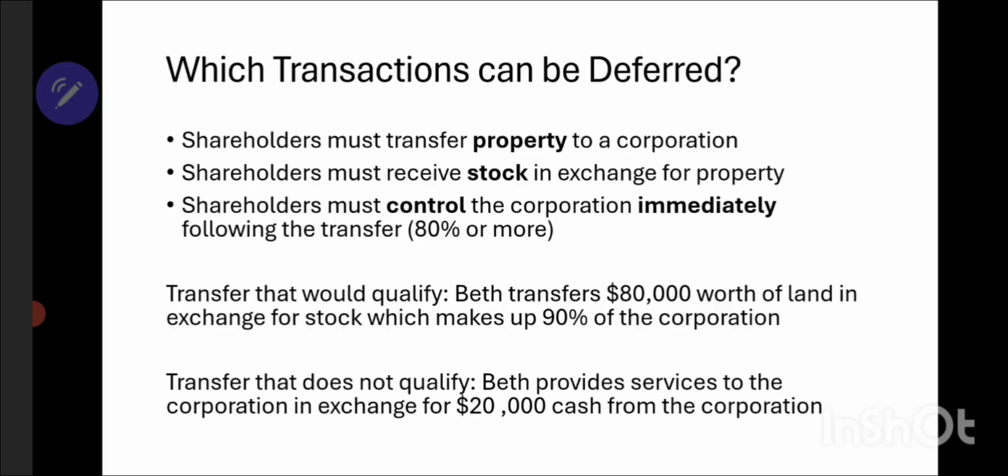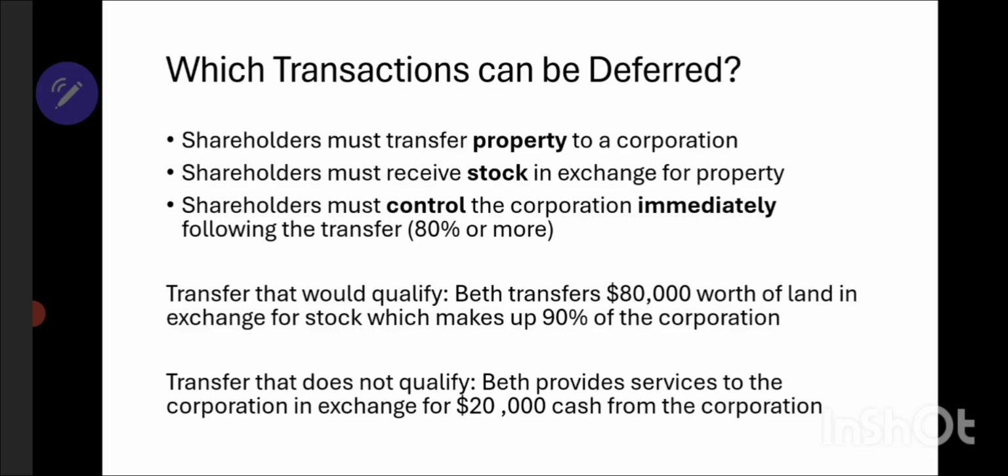Transfers that don't qualify: Beth provides services to the corporation in exchange for $20,000 cash from the corporation. So in the transfer that doesn't qualify, Beth has not given any property at all. She's only provided services, and we have only, as the corporation, given her cash.